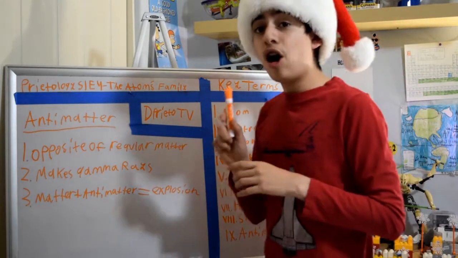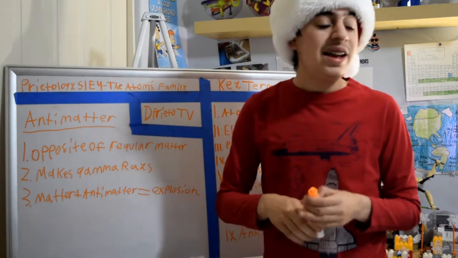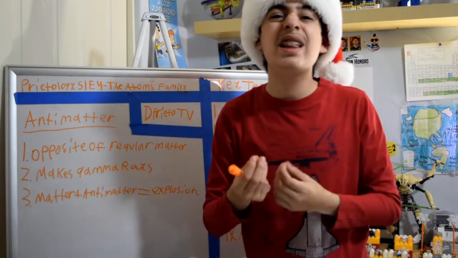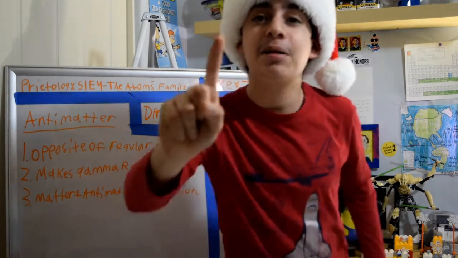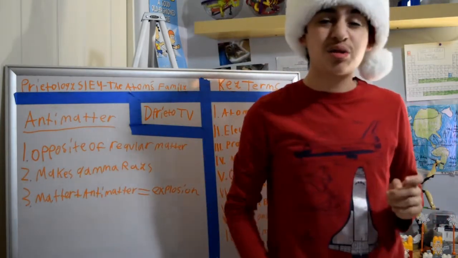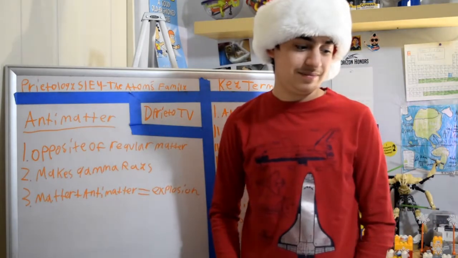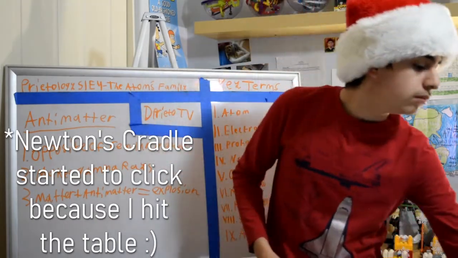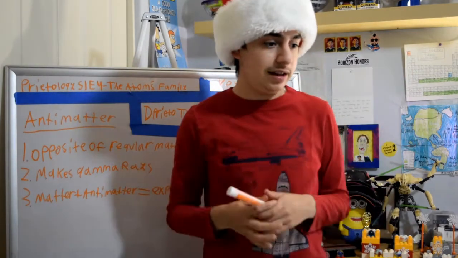Fun fact, the cost of a milligram of antimatter is $300 billion for a milligram. 1,000th of a gram costs $300 billion. You can imagine how much a kilogram would cost if this is like that.